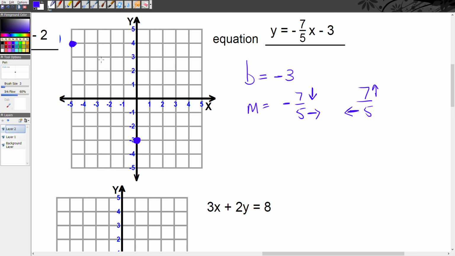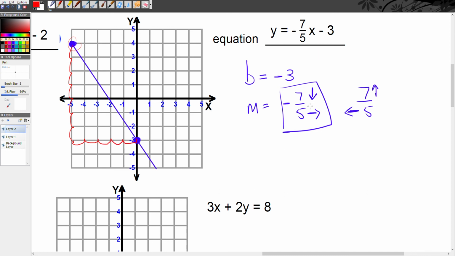Okay? So if this is confusing to you, let's take a look at this line real quick. You'll see that the original slope here is negative 7/5, right? That means down 7, right 5. So if I follow from this point here down to this point here, look at what happens. I'm going to go down 1, 2, 3, 4, 5, 6, 7, and I'm going to go to the right 1, 2, 3, 4, 5.